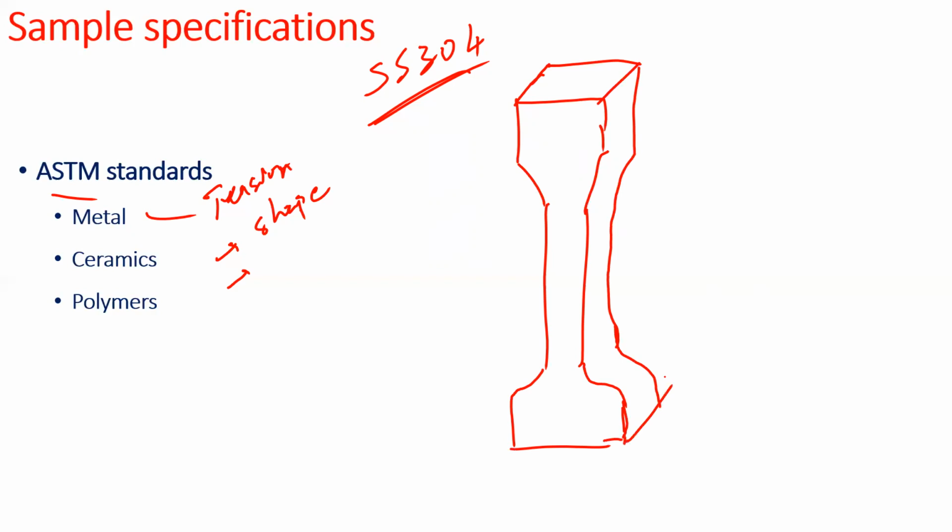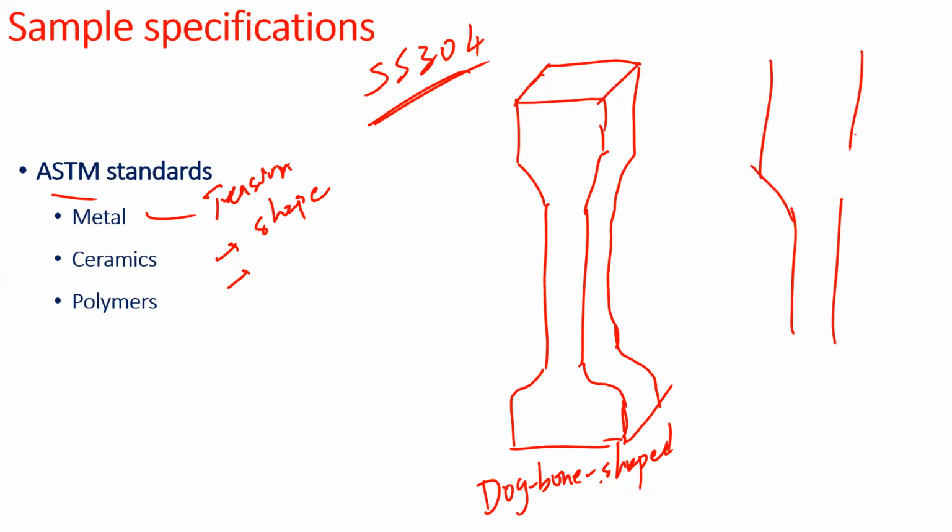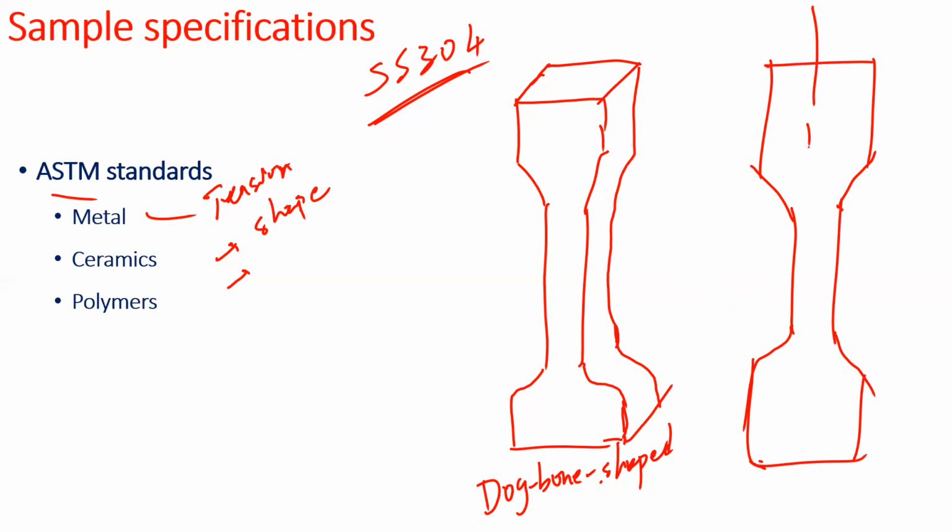So this is a dog bone shaped sample. Just don't call it a dog bone sample. Dog bone sample implies it's a sample from a dog bone. And this is a dog bone shaped sample. Likewise, you can have the cylindrical one. This is axisymmetric.